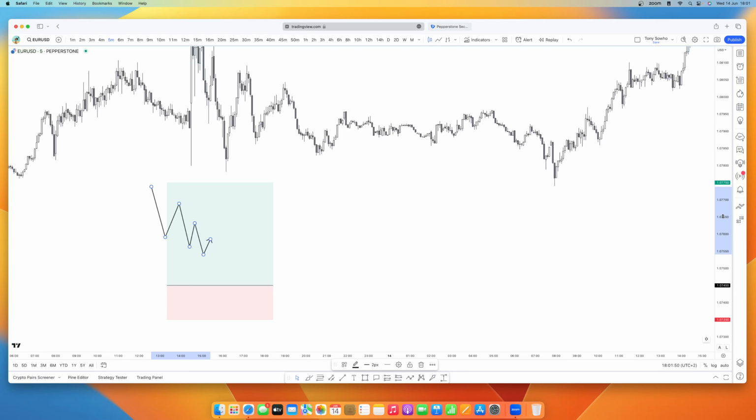Remember, I told you how to calculate lot size. Just a quick recap of that. This is a 10 pip stop loss. If you want to risk $50 on a trade, you are risking $50 divided by the value per pip for Euro USD, which is 10, multiplied by the stop loss in pips. What is the stop loss in pips? 10.